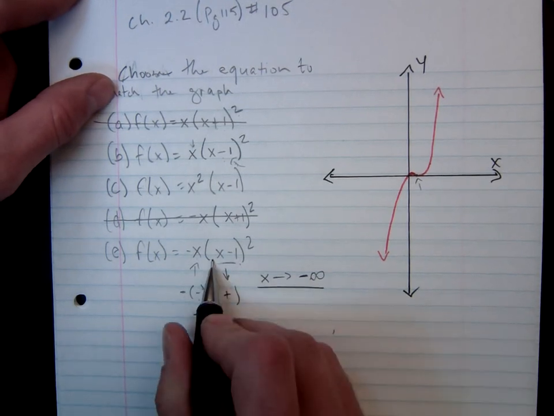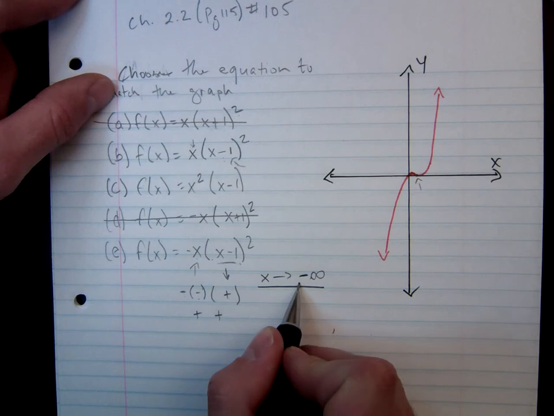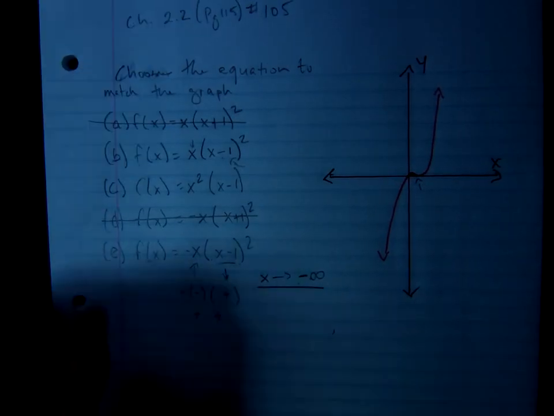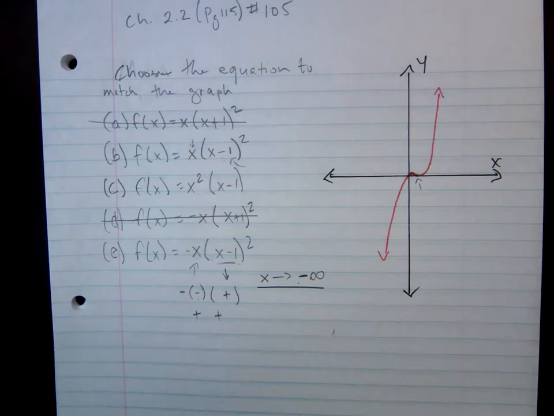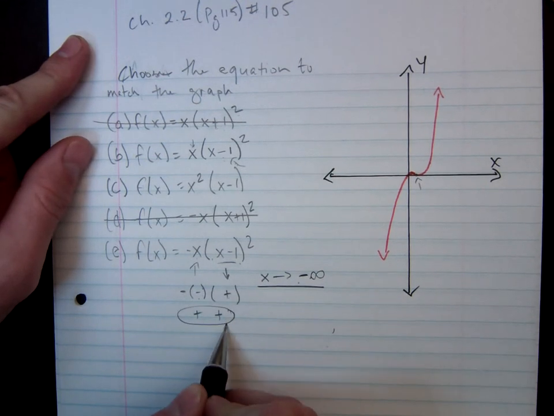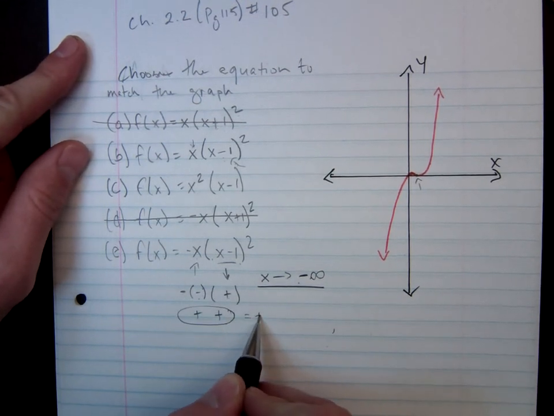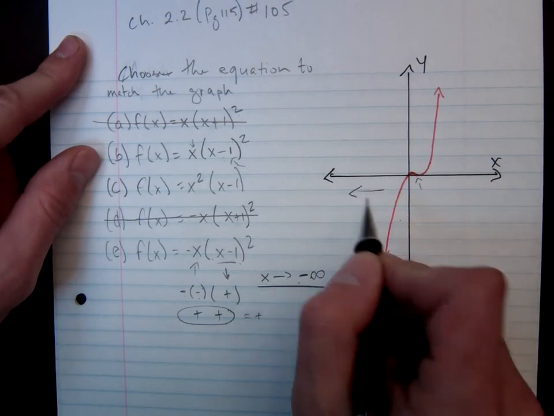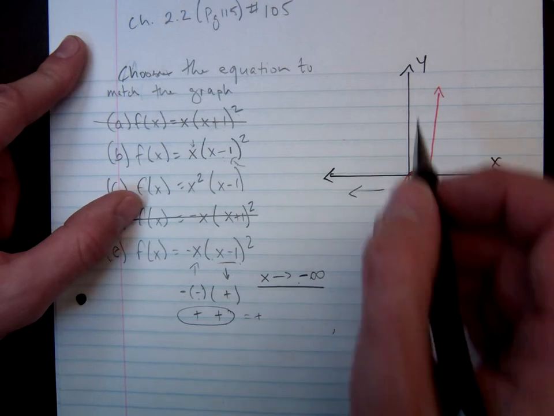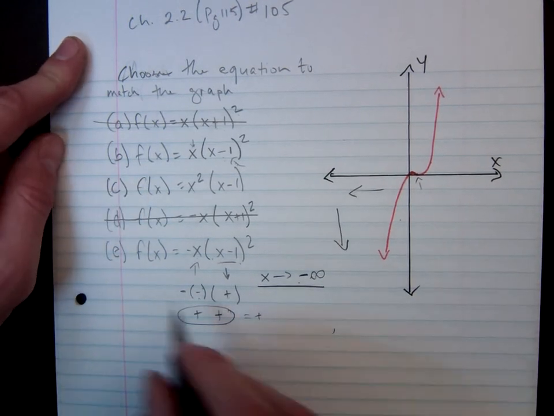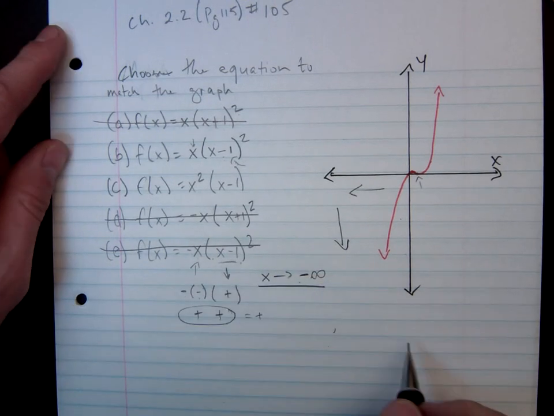So with this one, as x gets very negative, we should be getting an output that is in fact positive. A positive times a positive would give us a positive. Well, if we look to our graph here, as x goes to the left and becomes more negative, our y value in fact decreases. So I also know that this one can't be it.